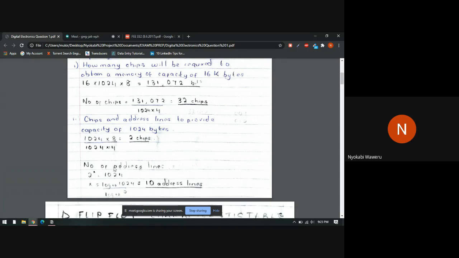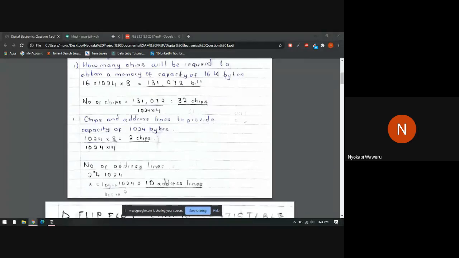The next one was the number of address lines. Just as Kamara said, we had 1024 memory locations. To get the number of memory locations, it's usually 2 to the power of the number of address lines.